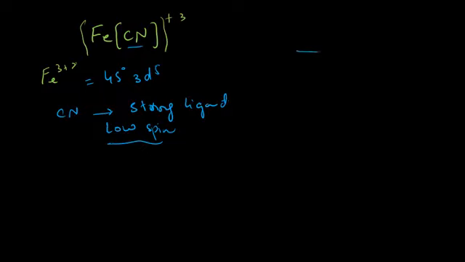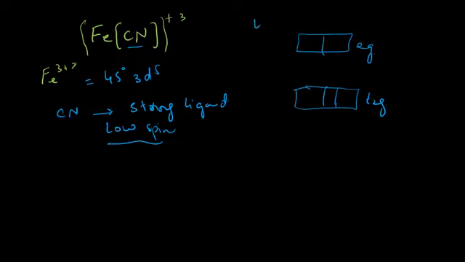So here this one is the EG state and this is the T2G state of iron 3 plus. Here it is the case of low spin, so the electrons will be filled in pairs. So both these states will remain empty. Here you can see that the electrons are not spherically filled.